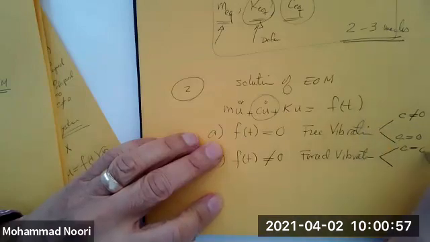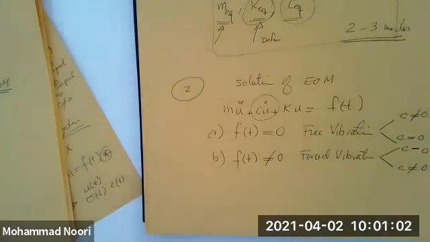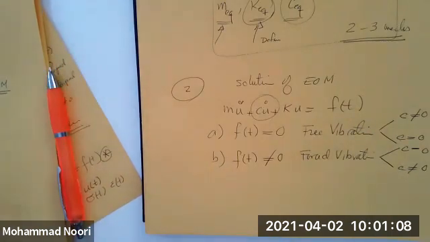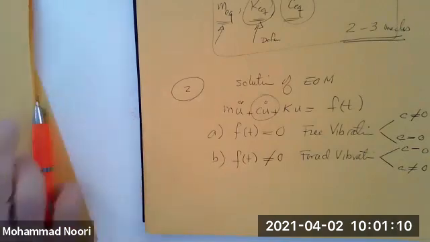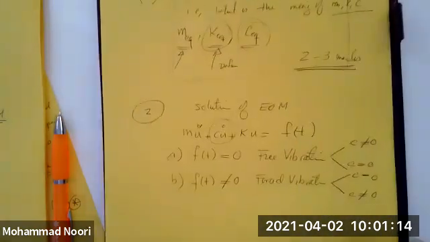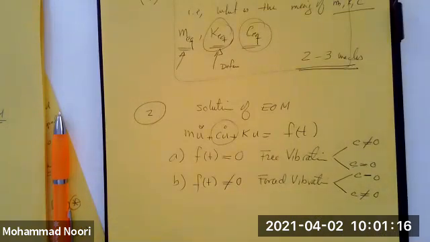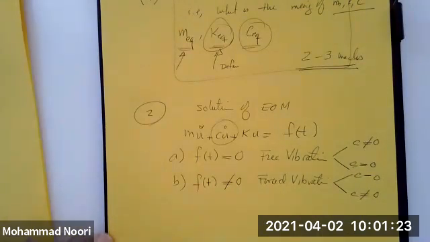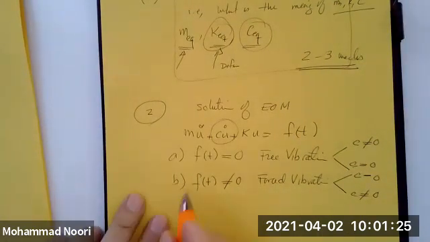So basically, there are 4 cases that we will be studying: free vibration of undamped systems, free vibration of damped systems, forced vibration of undamped systems, and forced vibration of damped systems. That's what we will be studying in this course.